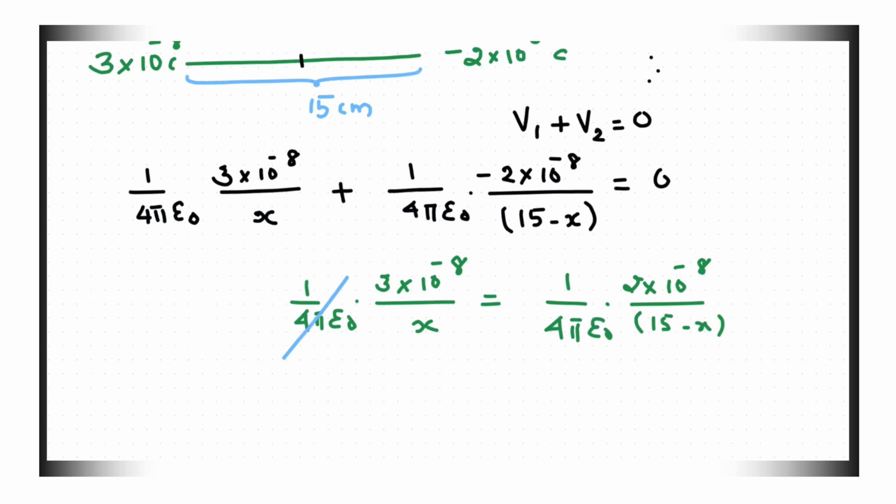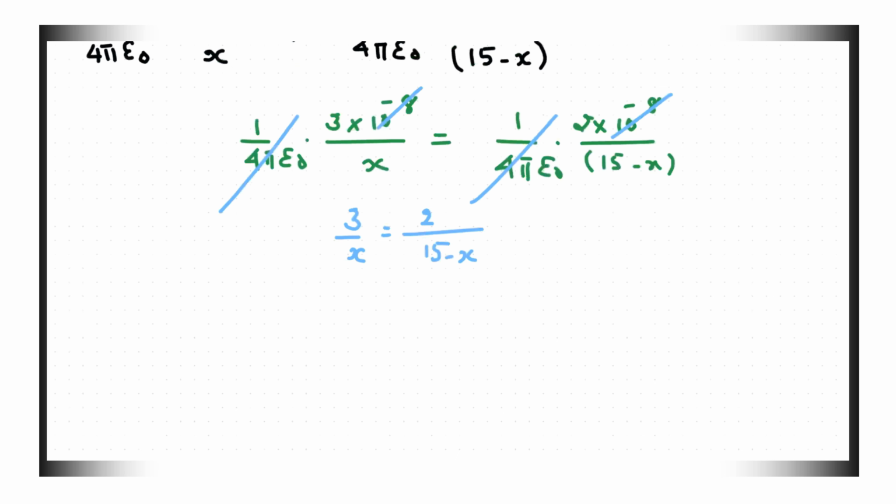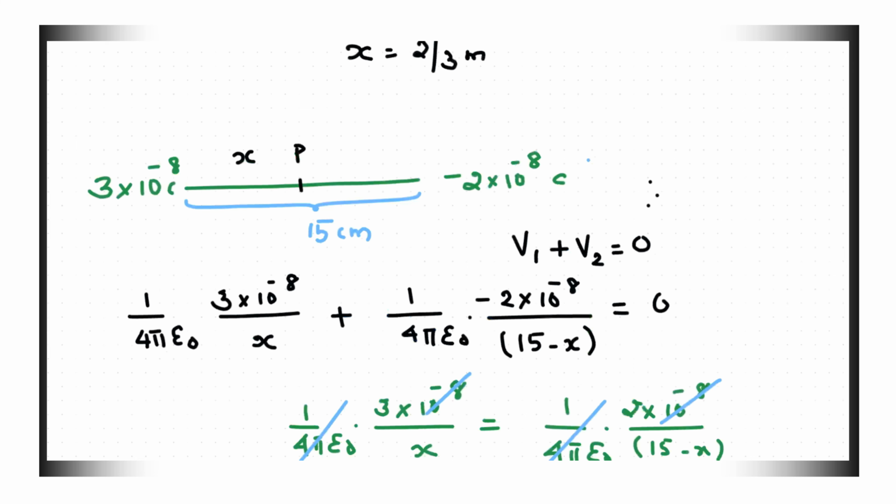So 3 by x is equal to 2 divided by 15 minus x. That is 45 minus 3x is equal to 2x, so 5x is equal to 45. Therefore, x is equal to 9 centimeter, meaning 9 centimeter from the first charge at P, the potential will go to 0.